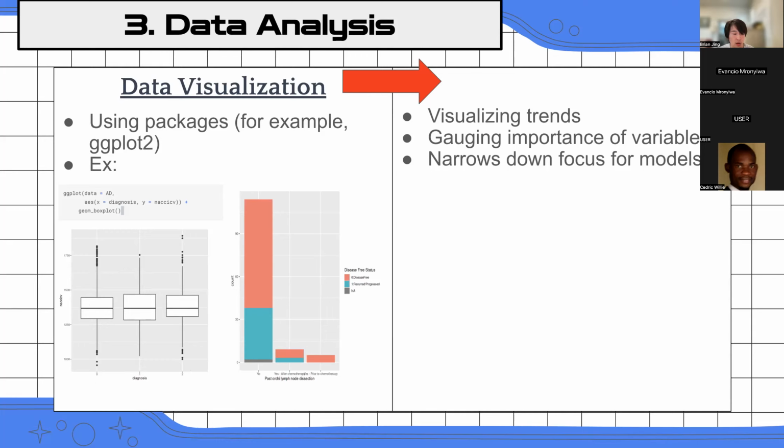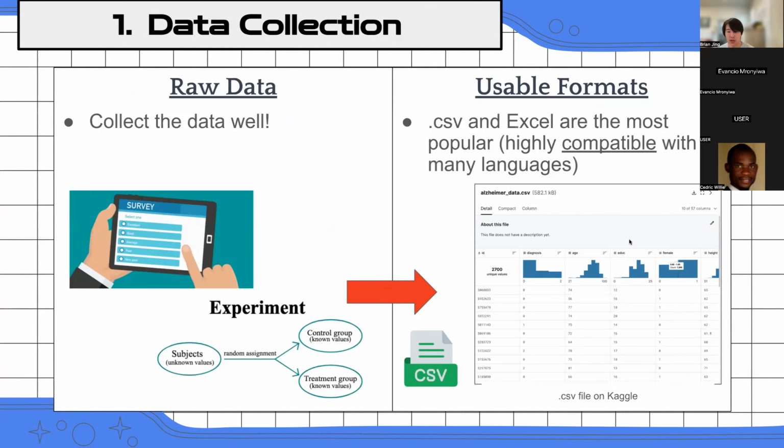Now, I won't dive into the big details of that, but what you just need to know is that in visualizing your data and data analysis, it makes it much easier to see trends in a format like this rather than in a format like this, with the Alzheimer's data CSV.